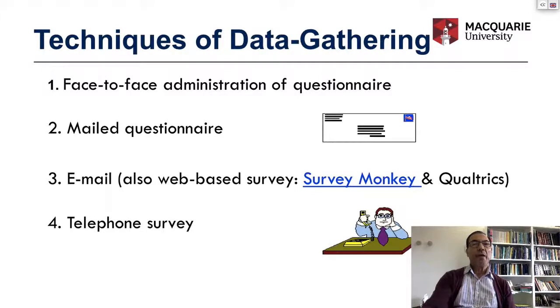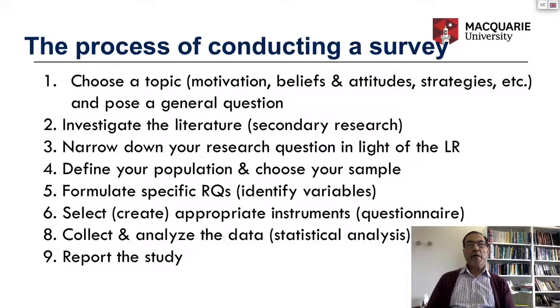The process of conducting a survey study is that after you choose a topic of interest, then usually you pose a general question that you would like to investigate through the questionnaire. And then once you have a general question, then it's time to investigate the literature and do a secondary research, as we discussed before, to find out what other researchers have done about this topic and question.